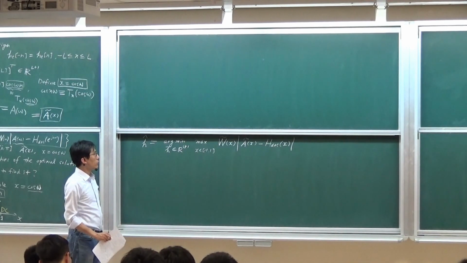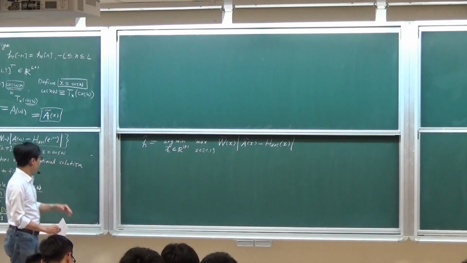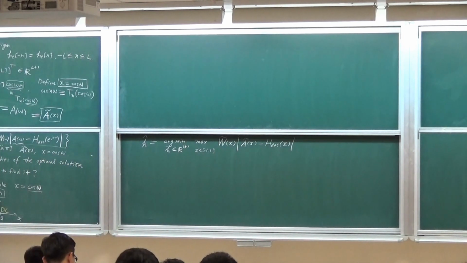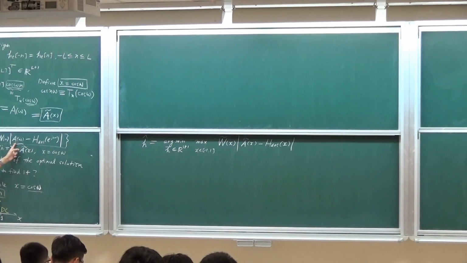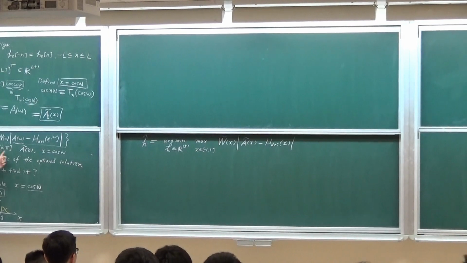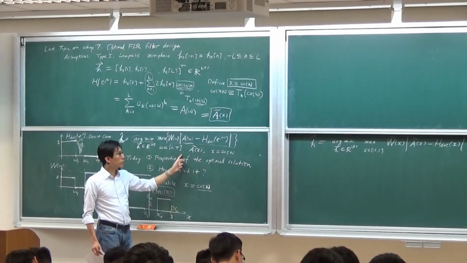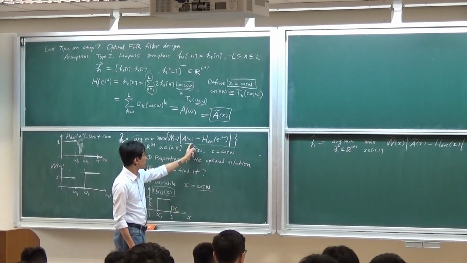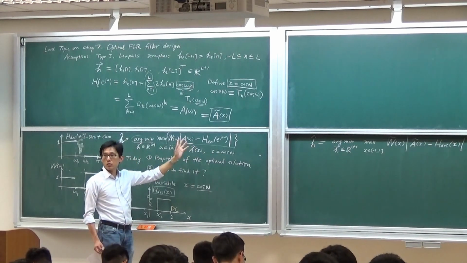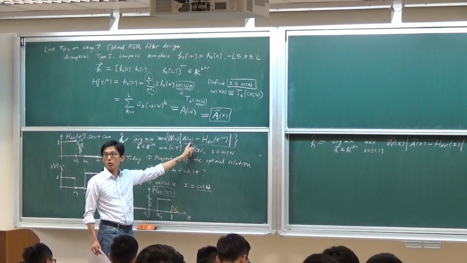That is to say, if you have some kind of design, not necessarily optimal, whenever you have a frequency response, we are going to look at its maximum error within the frequency range 0 to pi. That maximum error is not going to change when we change the variable from omega to x.